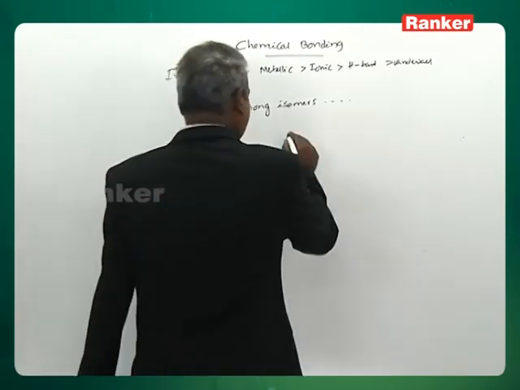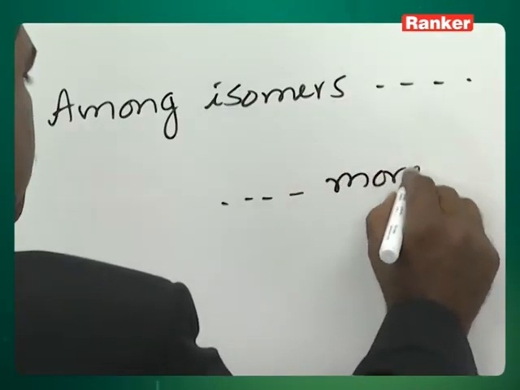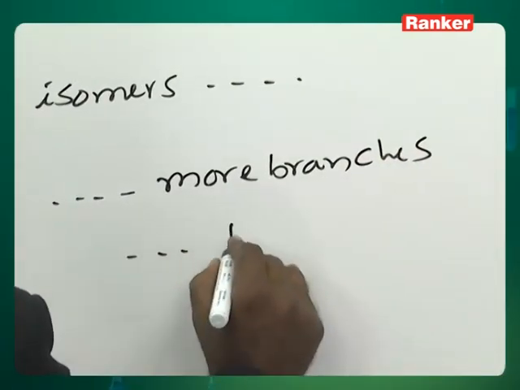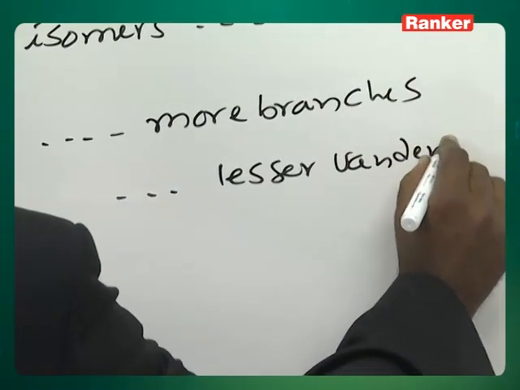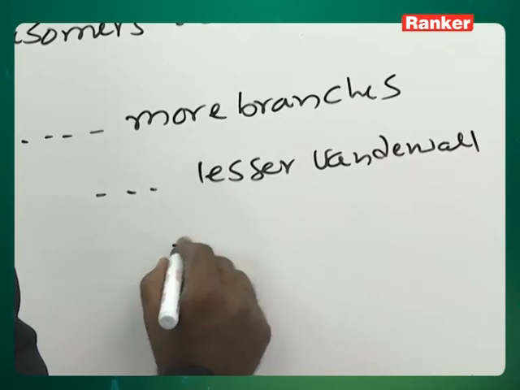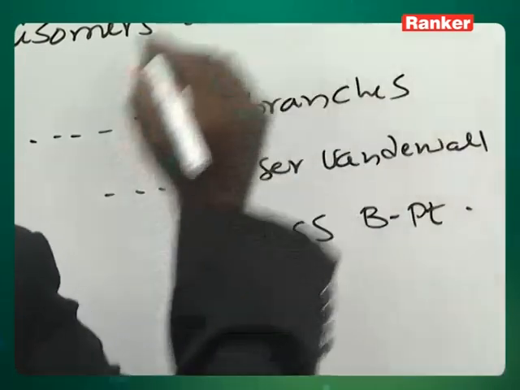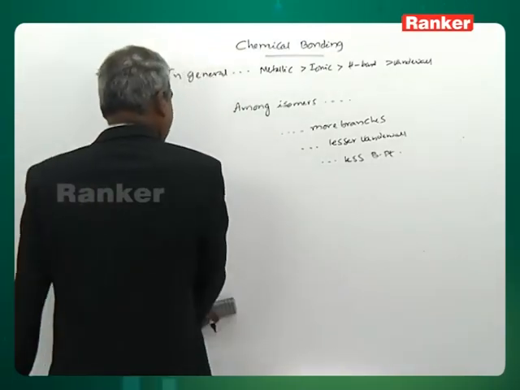So, among isomers, what will happen is more branches, less van der Waals force of attraction. Whatever be the reason, let us not go into those details. Less van der Waals, less boiling point. Among isomers, more branches, less boiling point.